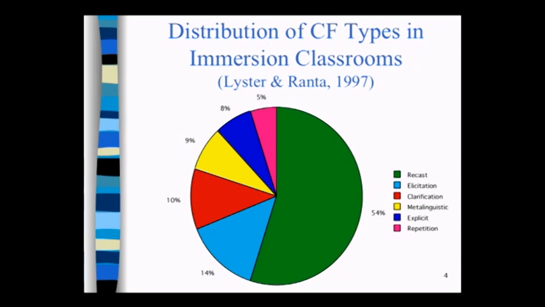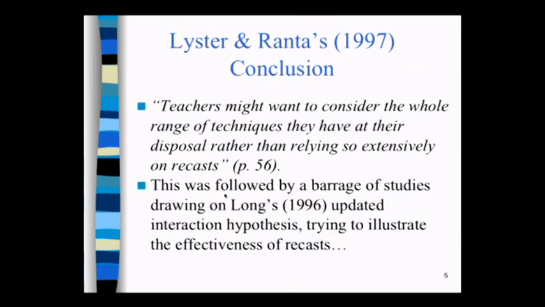And this has since been documented in many classrooms around the world in different types of instructional settings. It's quite clear that recasting, for many reasons, is teachers' preferred way, at least in, let's say, sort of naturalistic classroom settings. It's a preferred way of providing feedback.